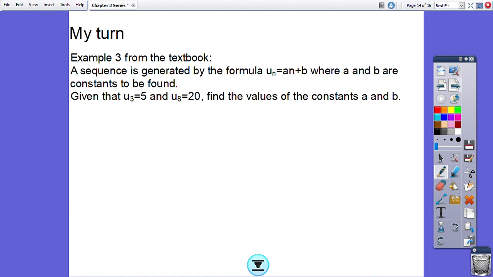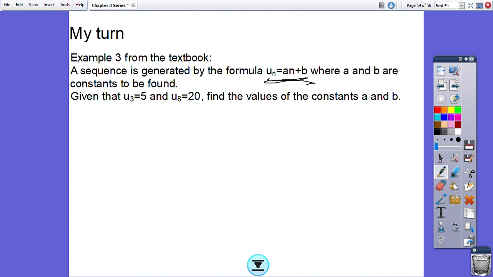Now, I could go back and I could use the general form for Un that we've just been using in the last example, but in the example here, they've actually given it to us in this form. So we are going to have to use that, and it does mean that the question is slightly easier if we do use their form.